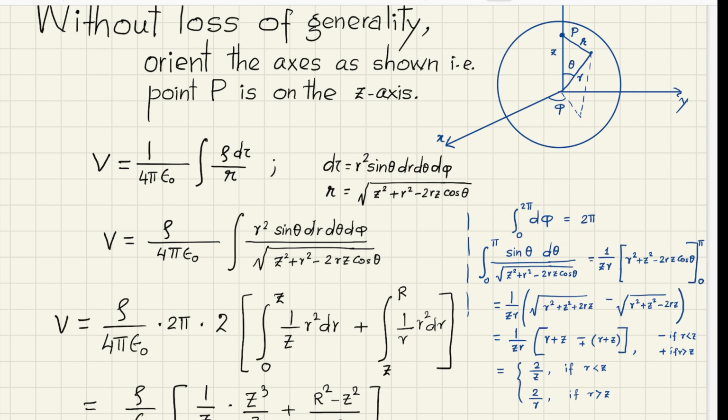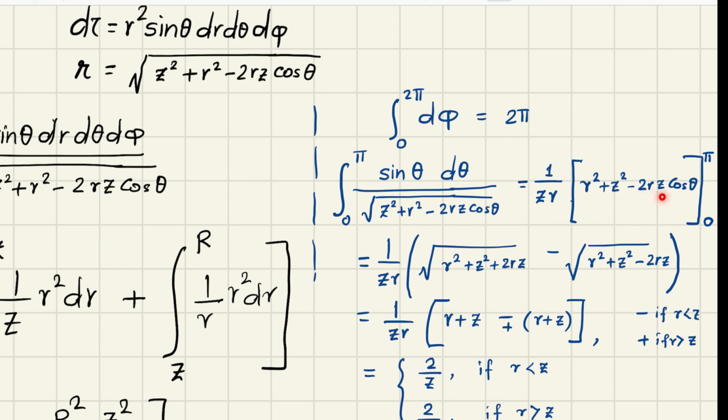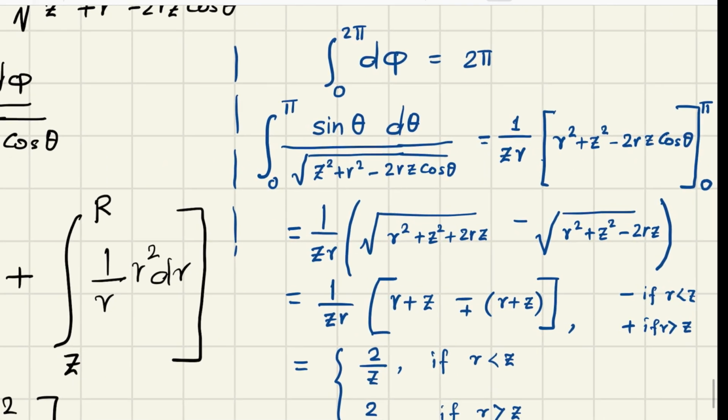That just gives me 2 pi. The theta integral is sine theta d theta over the square root of z square plus r square minus 2rz cos theta. Since it is sine theta d theta, it is very easy, 1 by rz times the square root of r square plus z square minus 2rz cos theta, from 0 to pi.